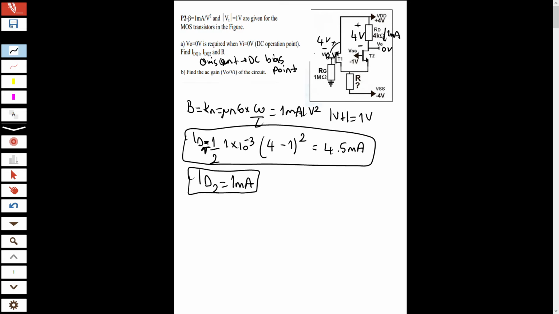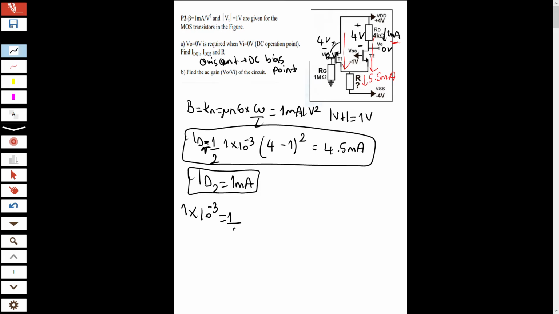If 4.5 milliampere flows through here and 1 milliampere flows through here, 5.5 milliampere flows through here. Also, since I know there is 1 milliampere for the second transistor, I can write the ID equation.